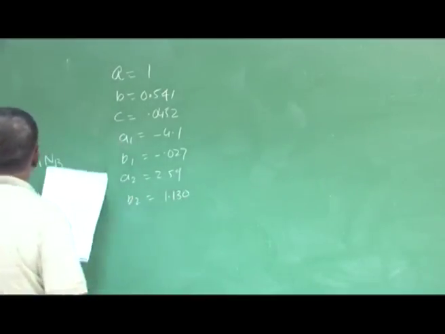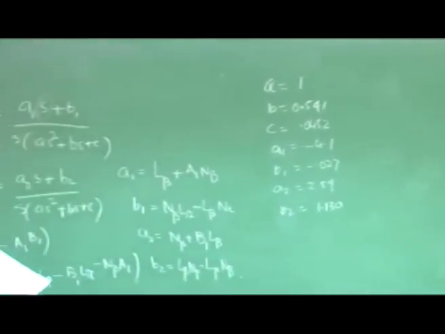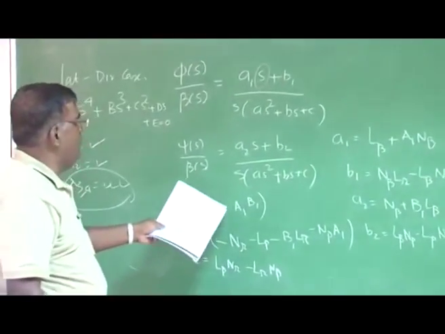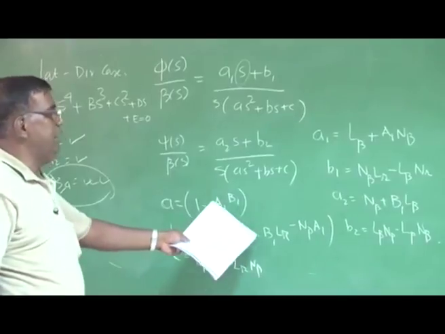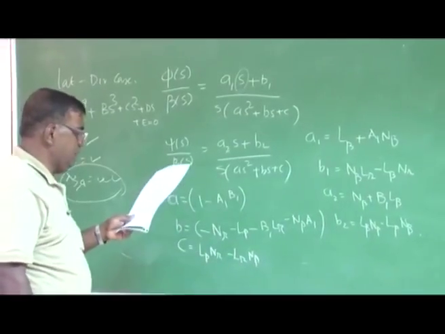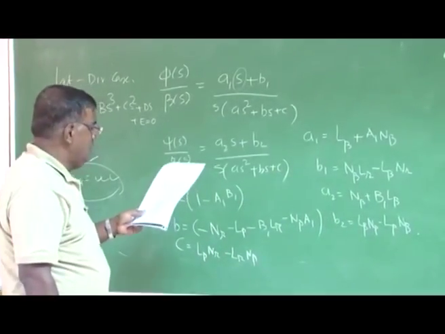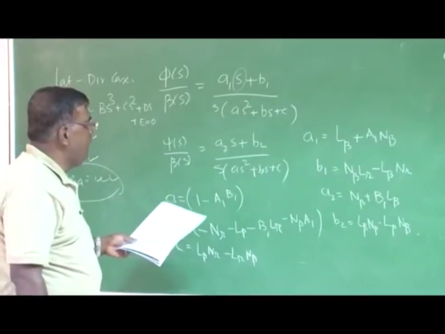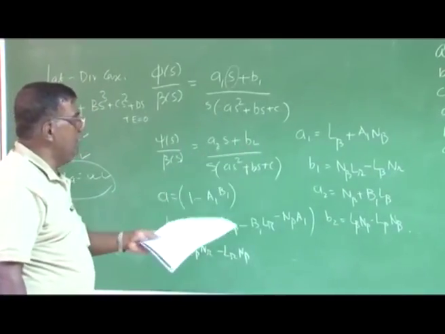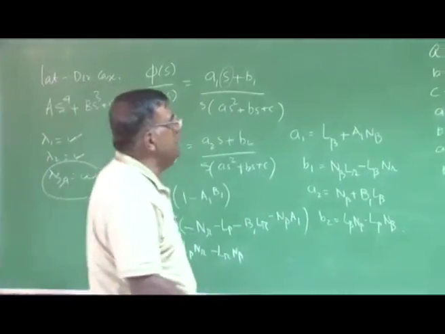Let us say how these have been computed. You know the expression of A, B, C. And for the airplane, you know what is A1, B1, you know what is LP, LR. For a given example airplane, once I put these values, I get A, B, C, A1, B1, A2, B2. These are the values for an example airplane.